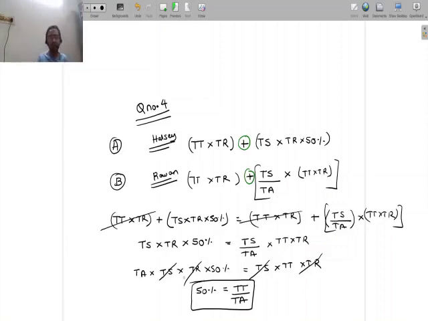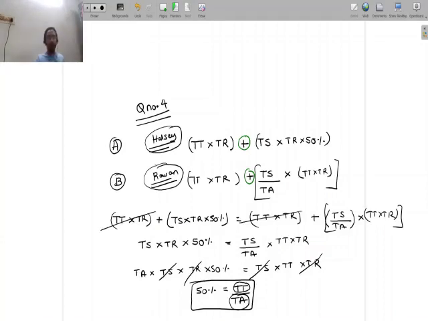So what this essentially means is if you take 50% of the time that you are allowed, then the balance 50% is savings. If this is the case, then whether you are paid bonus as per Halsey or as per Rowan, your bonus is not going to change. So this is the only case when that will happen.